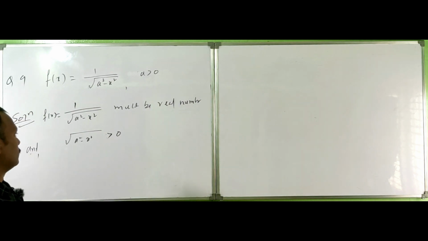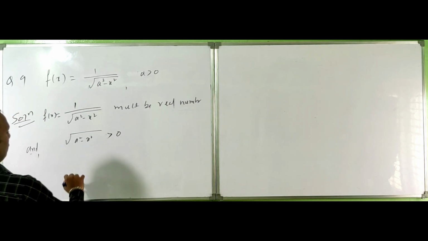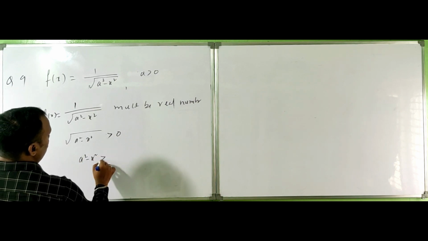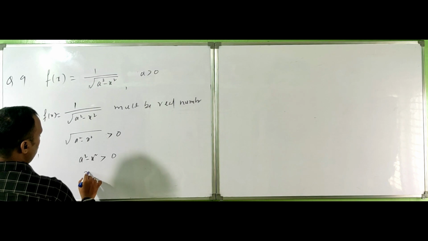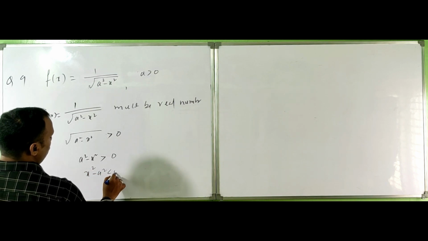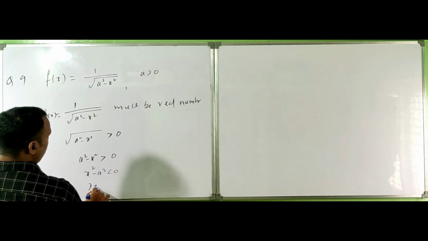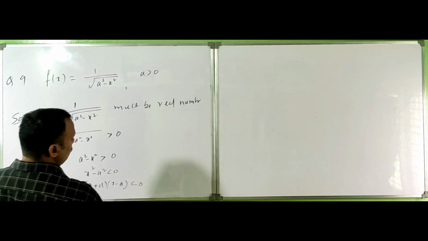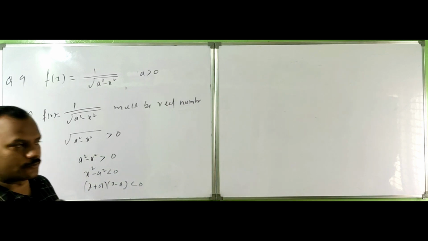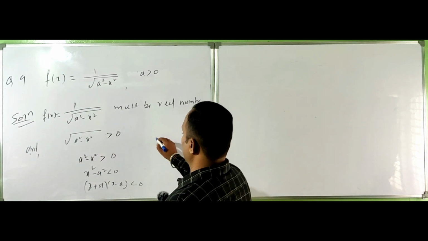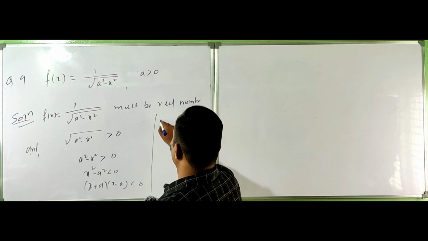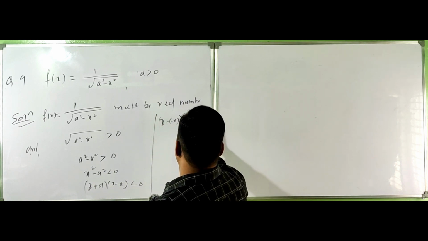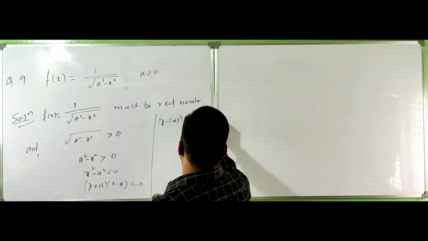So a square minus x square is greater than 0. Changing this, x square minus a square is less than 0. This is x plus a and x minus a less than 0, a square minus b square form. This can be written as x minus of a into x minus a less than 0.